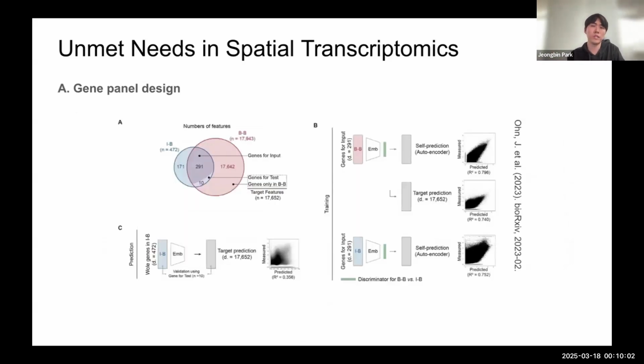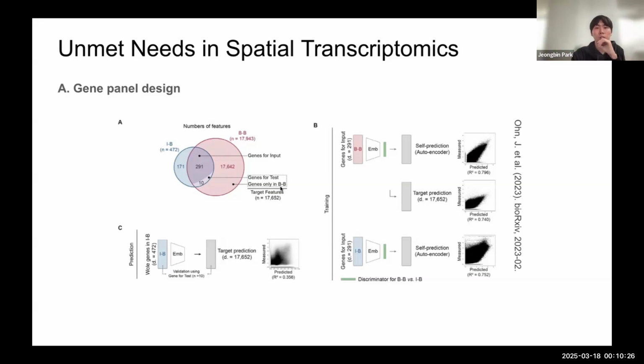The first one is to increase the number of genes from image-based spatial transcriptomics. Here, IB refers to image-based spatial transcriptomics, and BB refers to barcode-based spatial transcriptomics. As you can see, IB covers somewhat fewer genes, while the barcode-based one has maybe 20,000 genes.